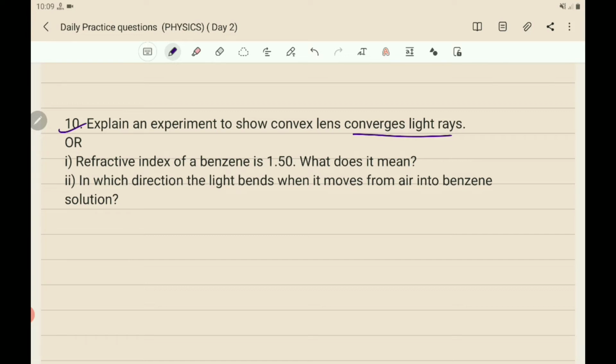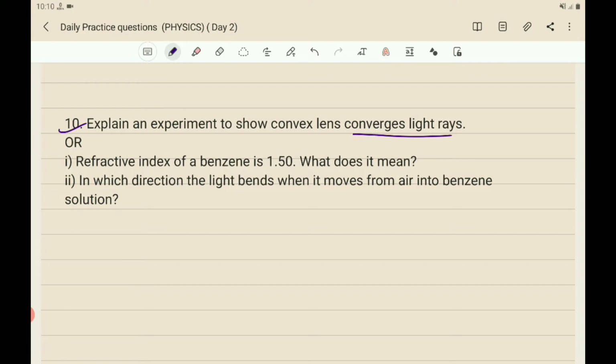An experiment to show convex lens converges light rays. To do this experiment, you take a convex lens, a sheet of paper and a meter scale. Hold a convex lens in the hand, direct it towards the sun. Focus the light from the sun on a sheet of paper. Obtain a sharp, bright image of the sun. Hold the paper and the lens in the same position for a while.